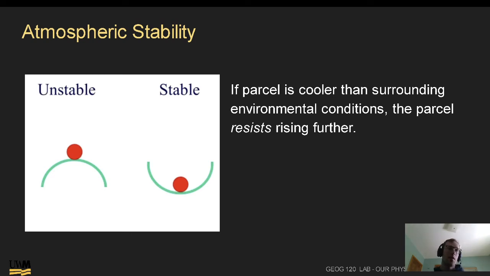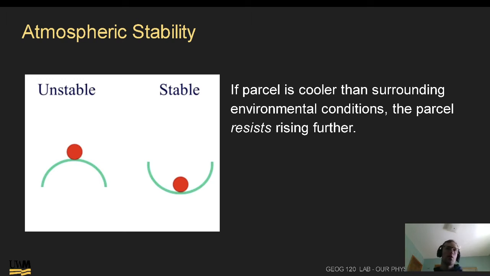So you may think of the hot air balloon as initially unstable. It wants to rise. But at a certain point, equilibrium will be reached and the hot air balloon, or parcel, may become stable again. So stability depends on the conditions that you have initially. It also depends on what the parcel temperature is relative to the surrounding air temperature.